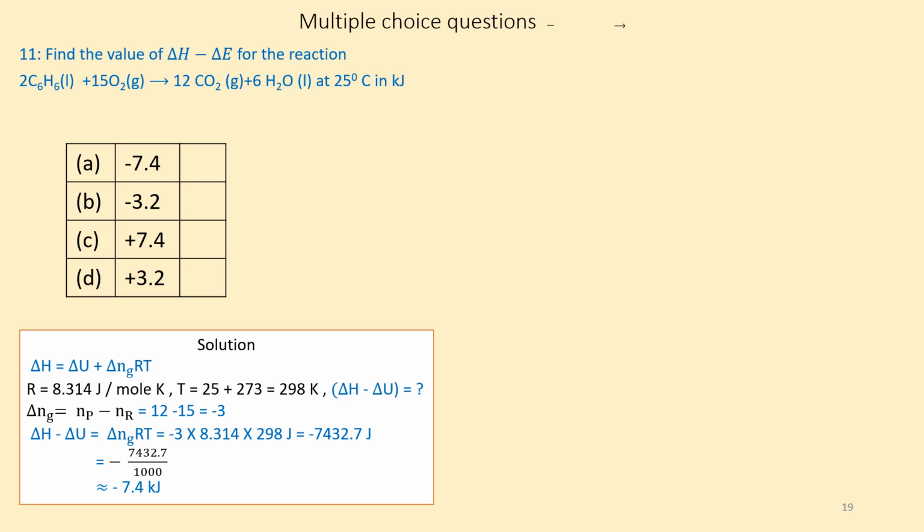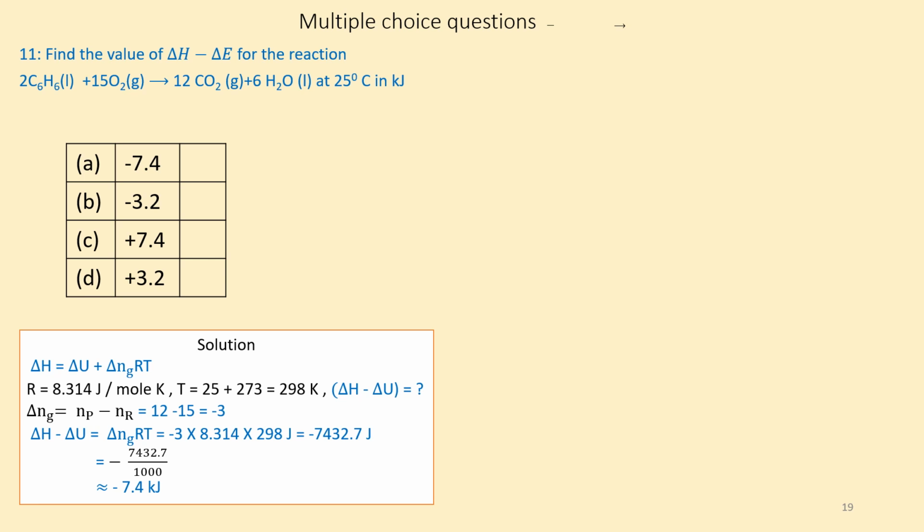Here in this equation, right side gas is 12, therefore Np is 12. On the left hand side, the gaseous part has coefficient 15, so minus 15. We have to consider only the coefficients of substances in the gaseous state. Therefore Np minus Nr is 12 minus 15, that is equal to minus 3.